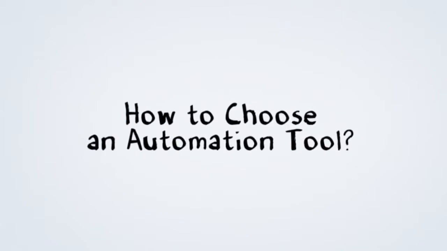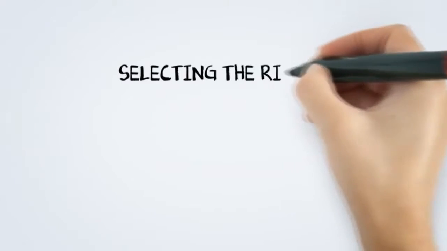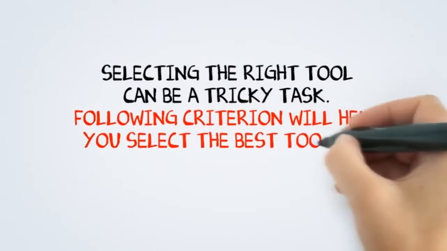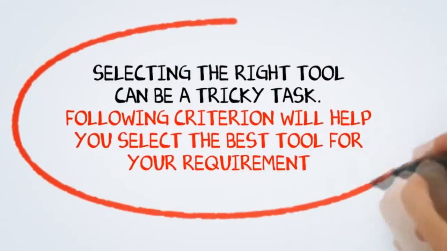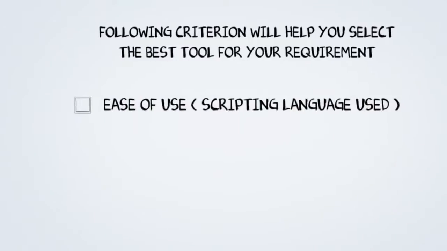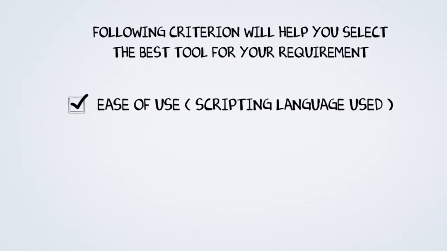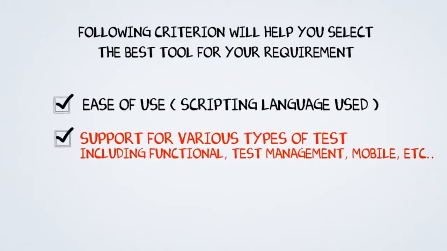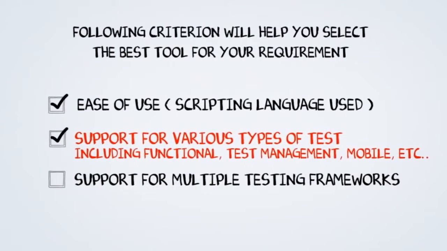How to choose an automation tool. Selecting the right tool can be a tricky task. The following criterion will help you select the best tool for your requirement. Ease of use, scripting language used, support for various types of tests, including functional, test management, mobile, etc., and support for multiple testing frameworks.